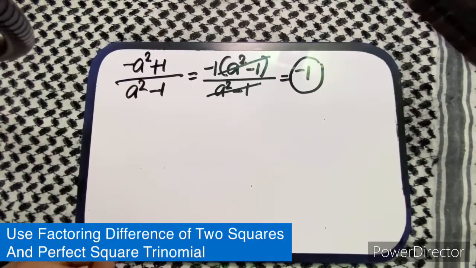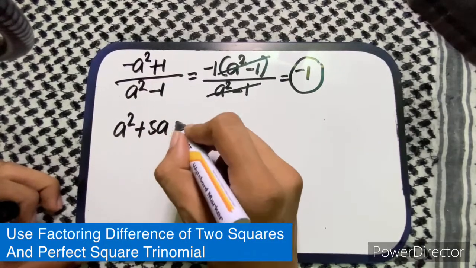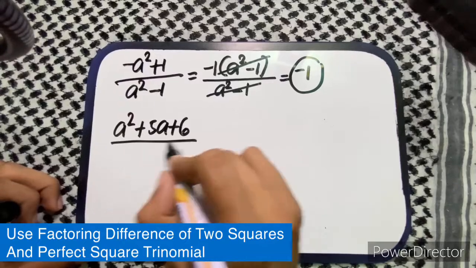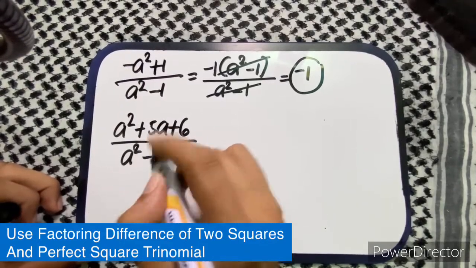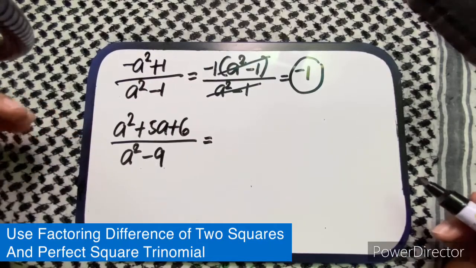Okay, next we have a squared plus 5a plus 6 all over a squared minus 9. a squared plus 5a plus 6 is an example of a general trinomial.